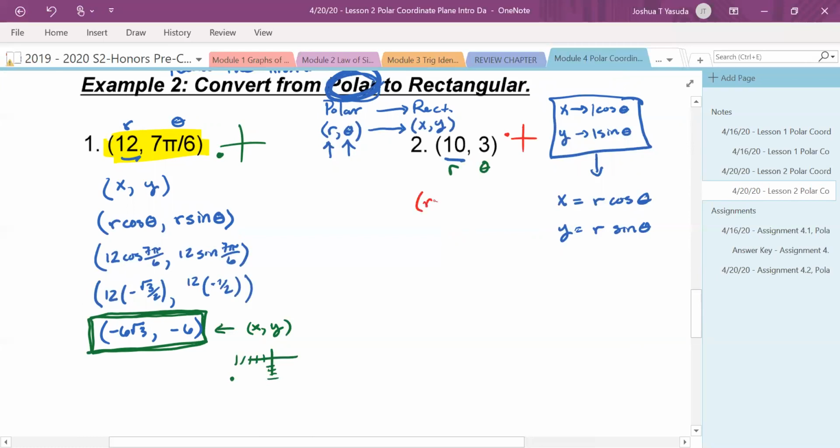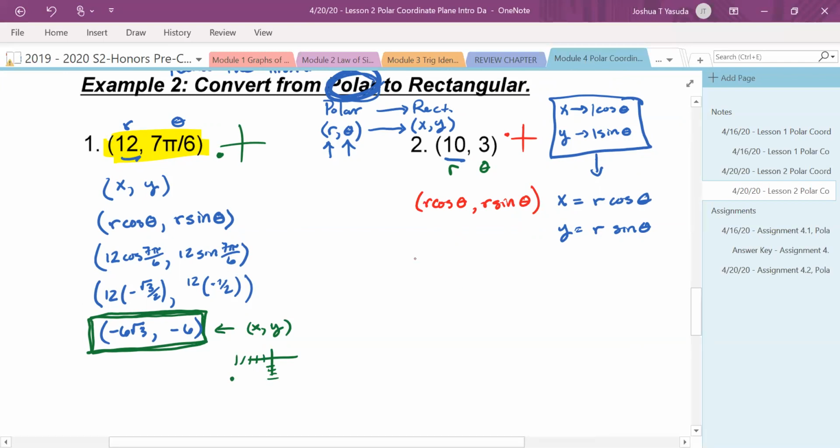So it would be r cosine of theta, r sine of theta, okay? We should be doing pretty good. So r cosine of theta, r sine of theta, and we'll see how this goes.